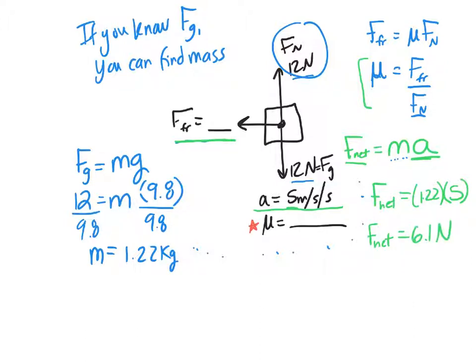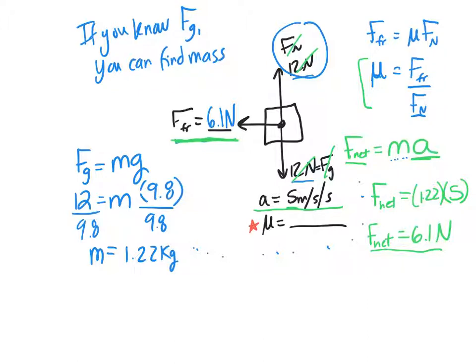Now again, the reason that this is equal to your force of friction is because these other two forces are equal and opposite, so they canceled out. So it's like these guys aren't really there. This is the only thing that can really influence that net force. So this has to be 6.1 newtons.